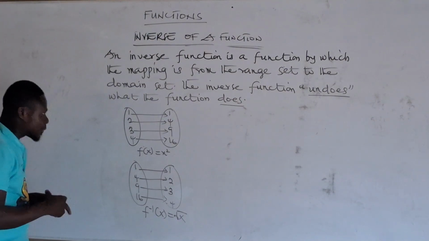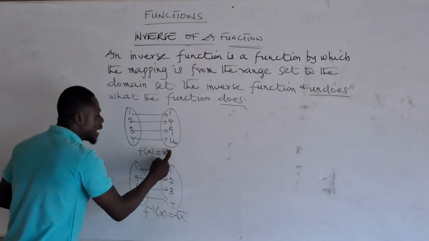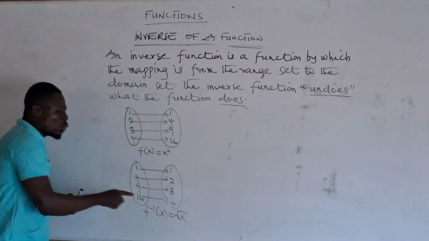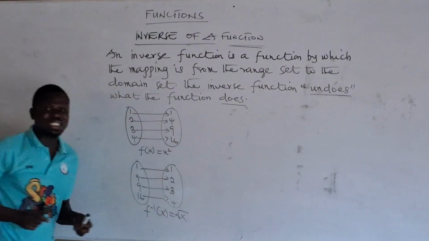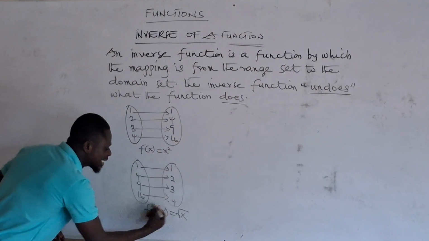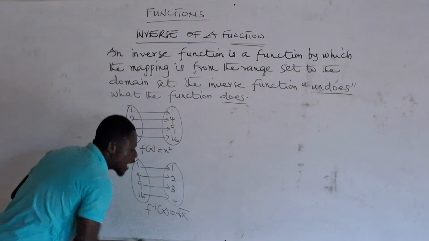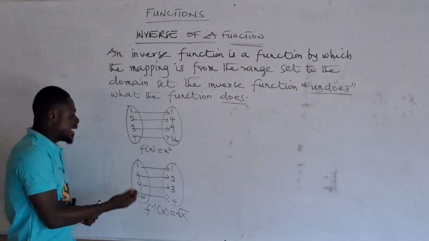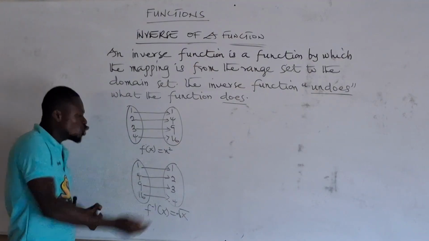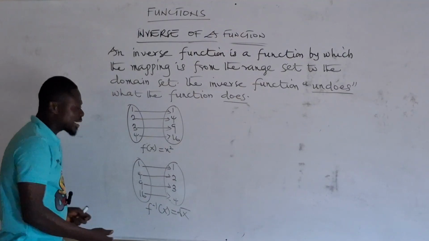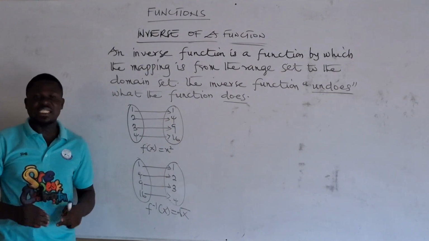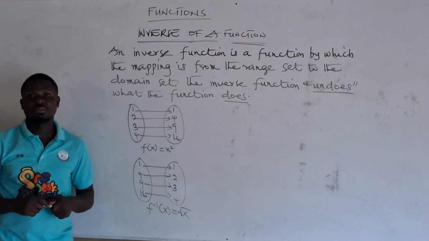How is it done? When you have the square of any expression, its inverse will be the square root of that expression. So therefore, the inverse function is the square root of x. So when the range set begins and then it is mapped onto the domain set, it means that we are finding the inverse function of the given function.